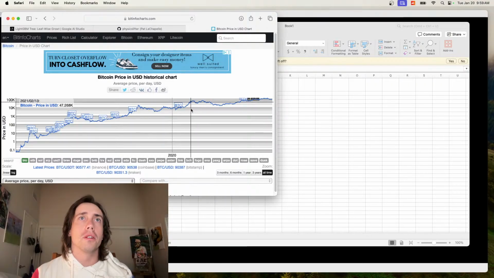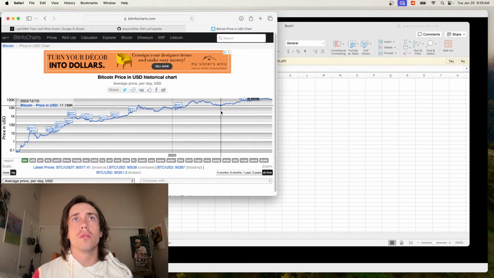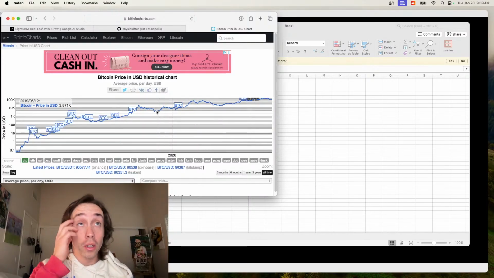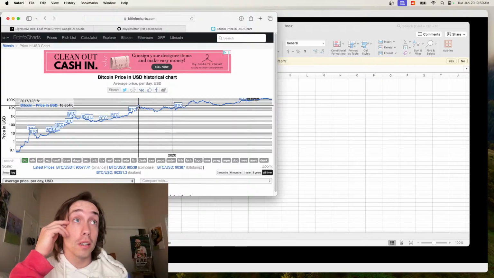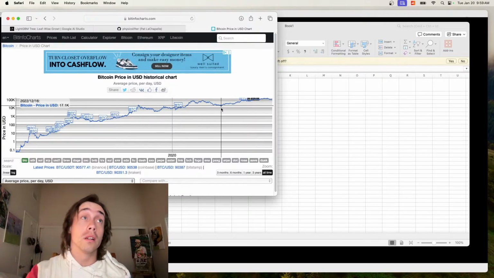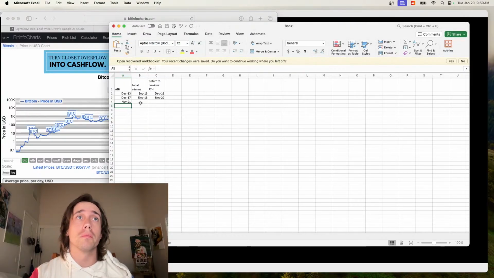And then it drops, so here's the high, then it drops to the local minima, back to 17,000, the previous all-time high, in December 2022.